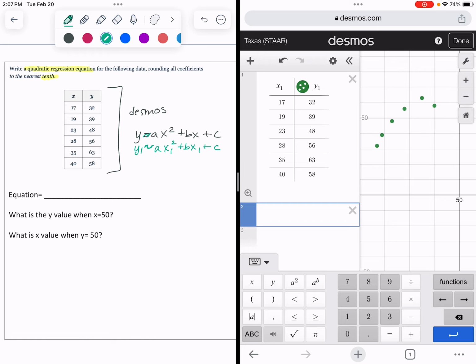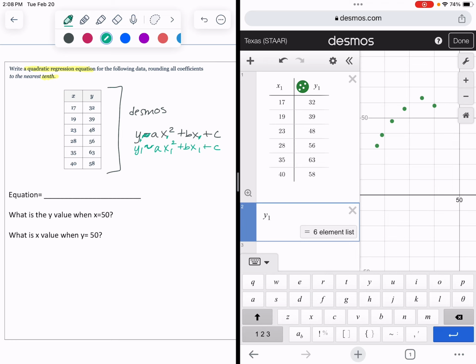So basically changing your equal sign to a tilde and adding little subscripts of ones after the variable. So y1, it automatically puts it in the subscript. You don't have to do anything special for that. And then tilde is right below the b.